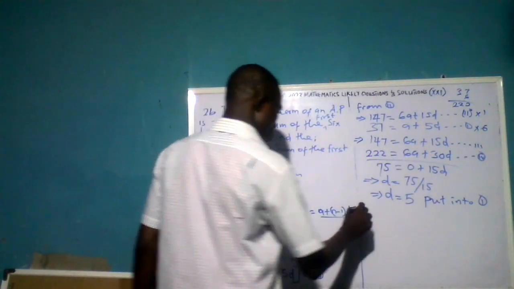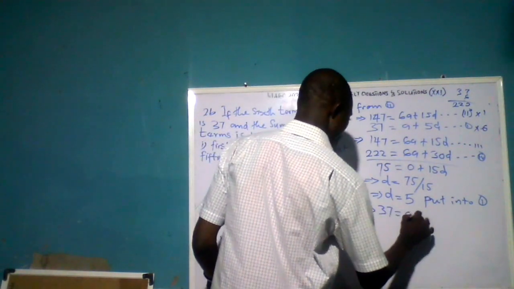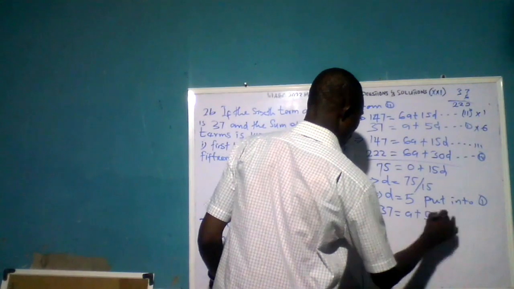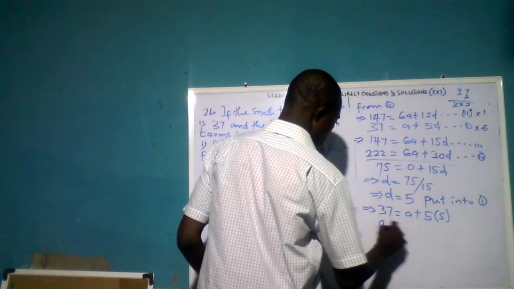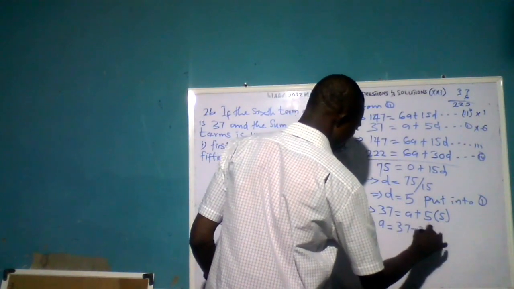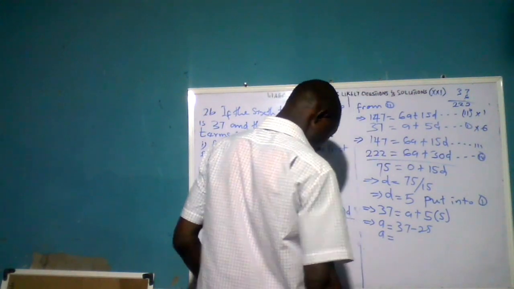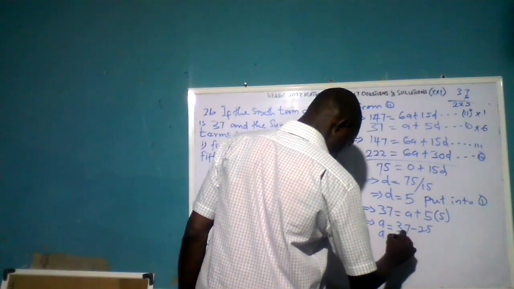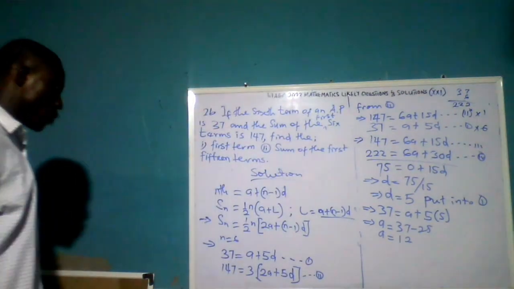It implies that 37 equals a plus 5 into bracket 5. Therefore, it implies that a equals 37 minus 25. A is therefore equal to 12. A equal to 12.